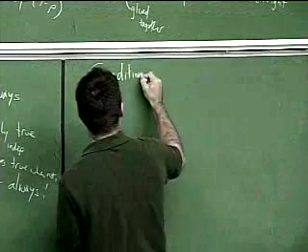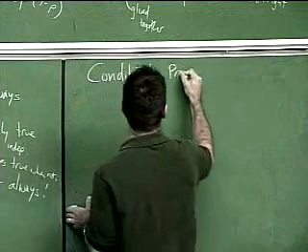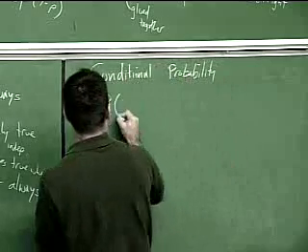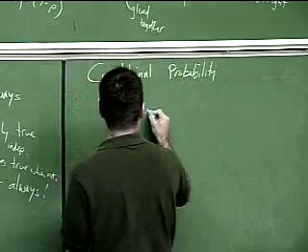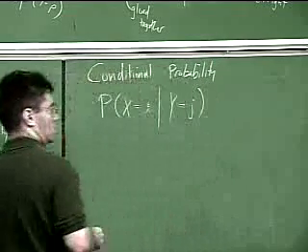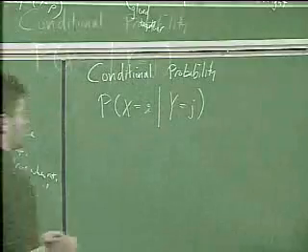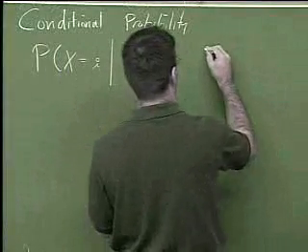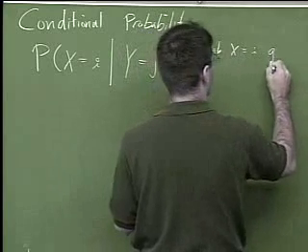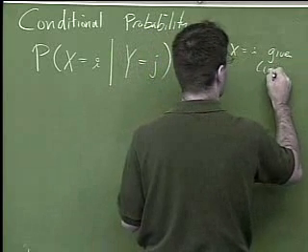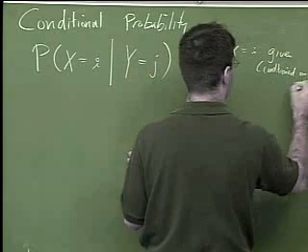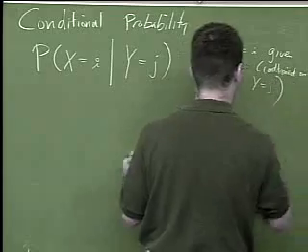Conditional probability. Written like this: the probability that x equals i given y equals j. You say x equals i given, or conditioned on, y equals j.